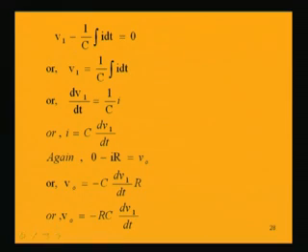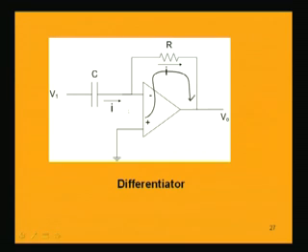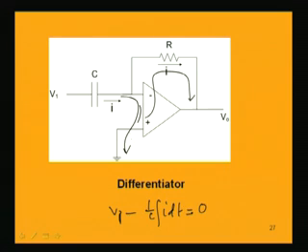So, V1 minus 1 by C integration I dt equal to 0. This is one equation when you come to ground starting from here. Another is when you go in this direction, that will give you 0 minus I into R minus V naught equal to 0.